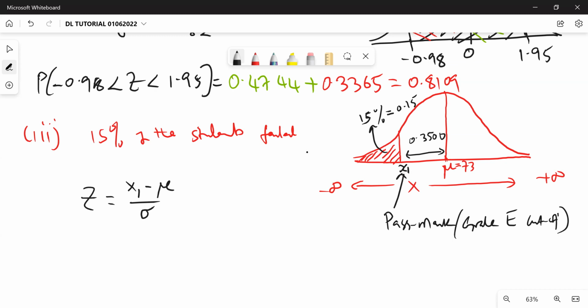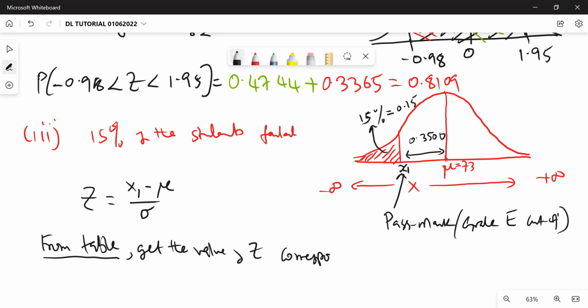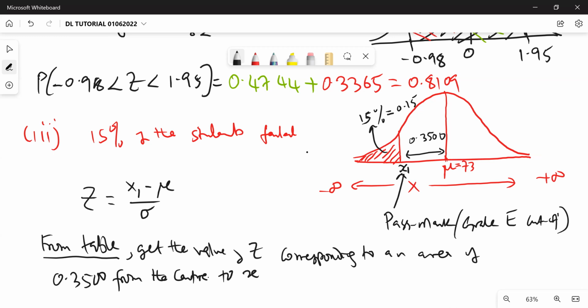From tables, you are able to get the value of Z corresponding to an area of 0.3500 from the center. Either from the center to a value x1. Yeah, let's put it like that.